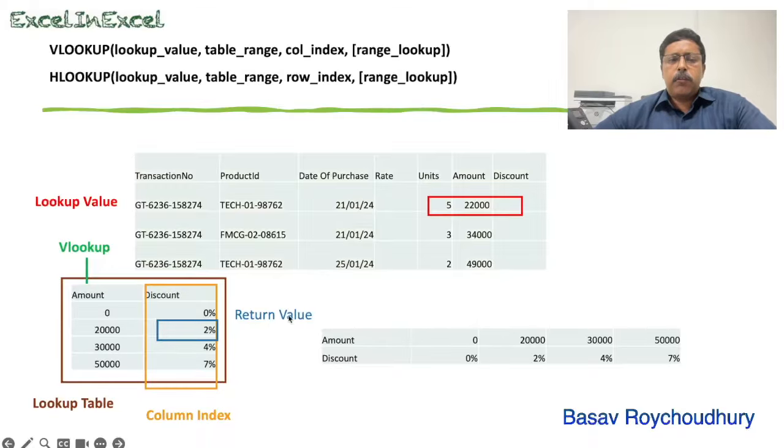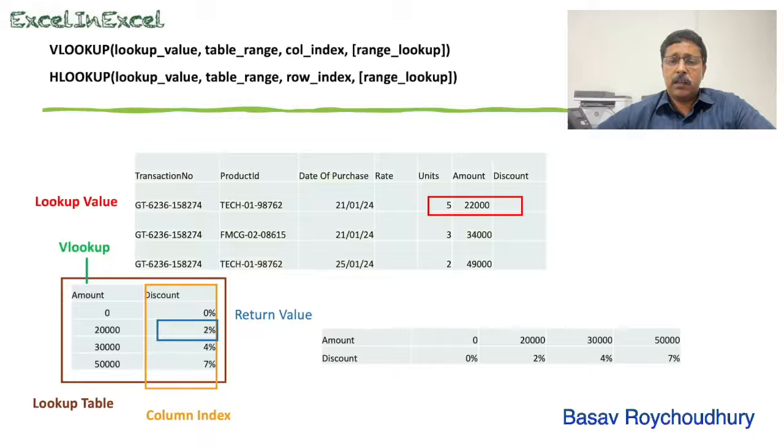Now if my lookup value was, for example, 55,000, then it will ask: is 0 greater than 55,000? It's not. So it goes to the next row and asks: is 20,000 greater than 55,000? No. Is 30,000 greater than 55,000? It's not. Is 50,000 greater than 55,000?